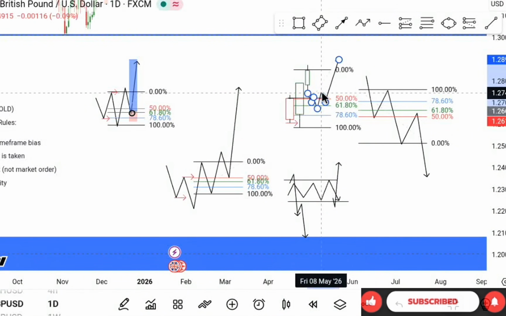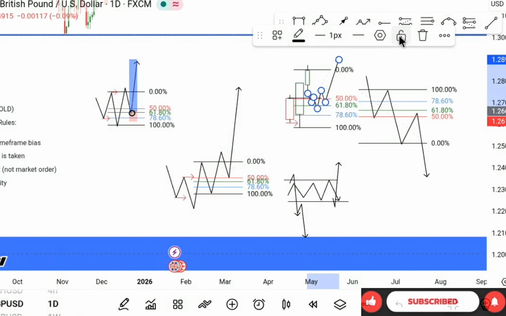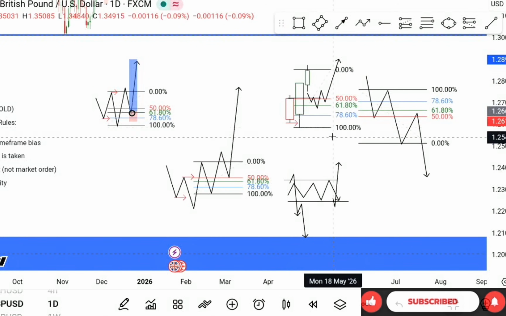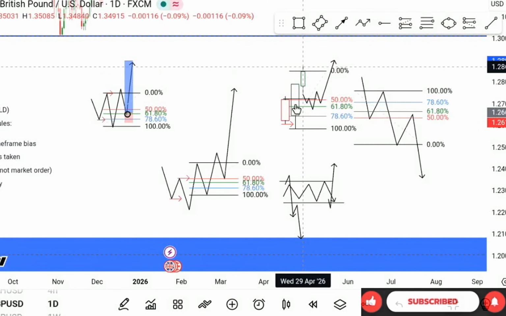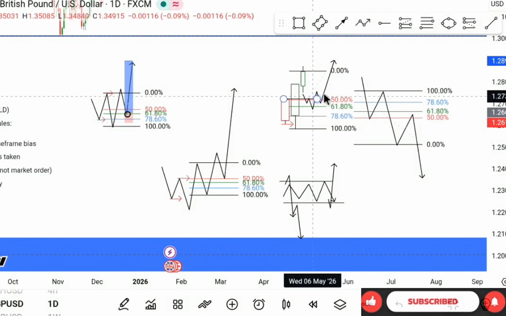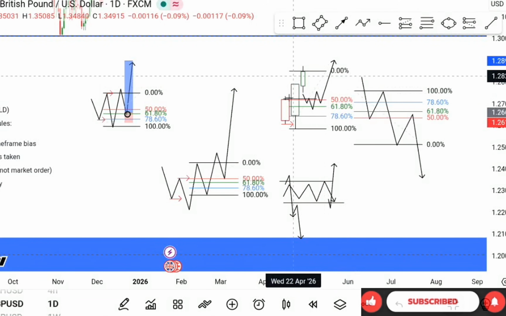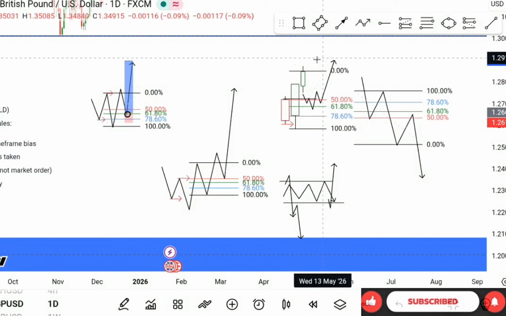Always, always. This chart pattern here is going to save you most of the time, 95%, 85% of the time. It's really going to save you.